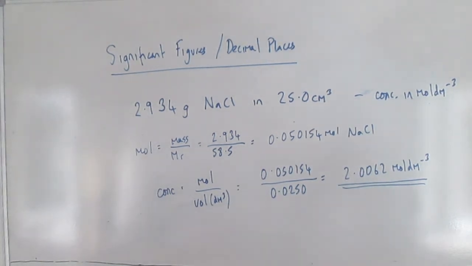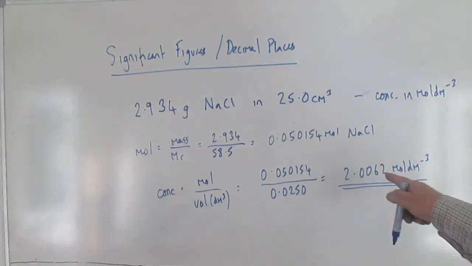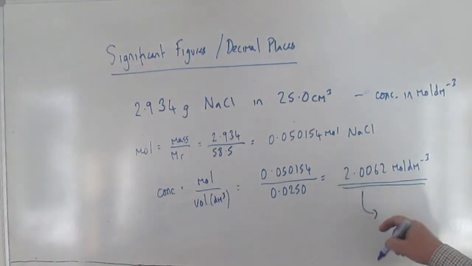Now, if the question didn't say anything about the precision required for your answer, you could leave it like that and it would get marked right. That would be fine. If it said, give your answer to 3 significant figures, then obviously you would have to round that to 3 significant figures.